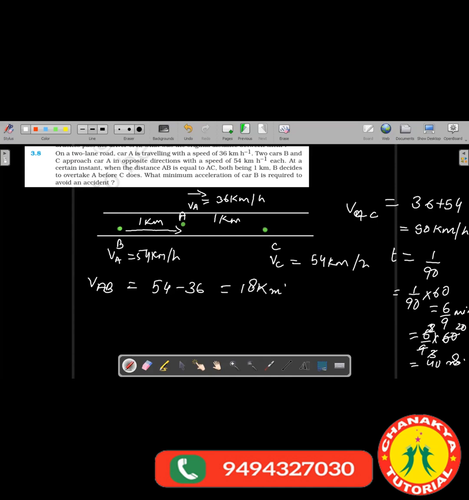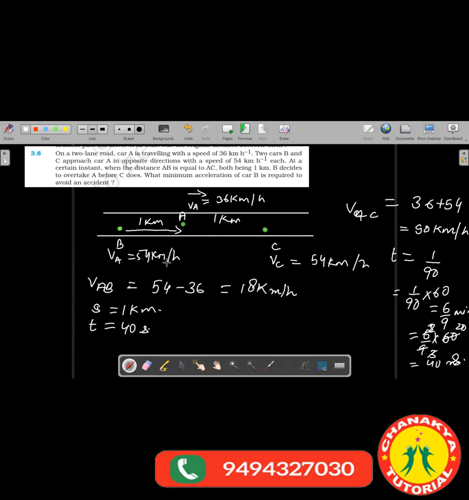The relative speed is 18 kilometer per hour, and it has to travel a distance or displacement of 1 kilometer. B has a time of just 40 seconds, since after 40 seconds C would have crossed A. B wants to cross A before C does.